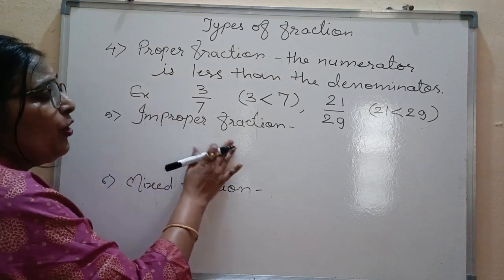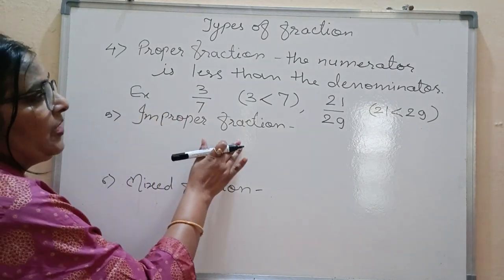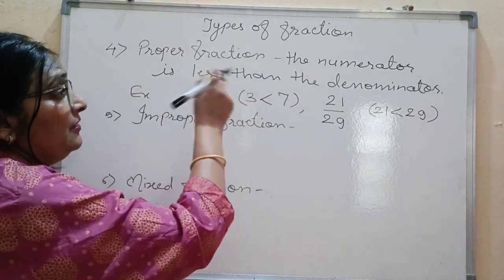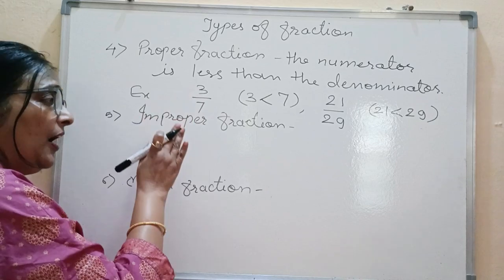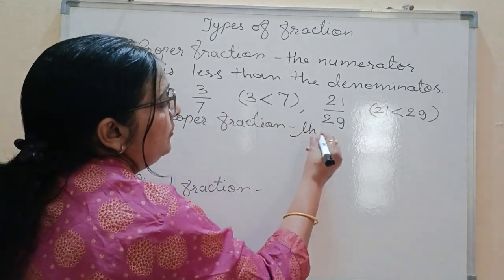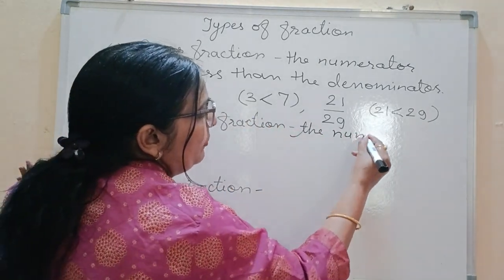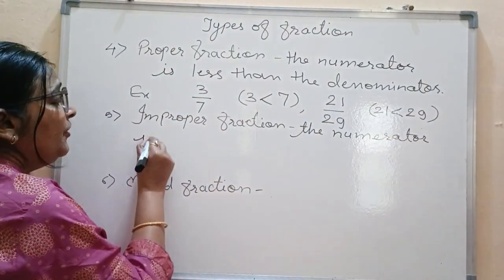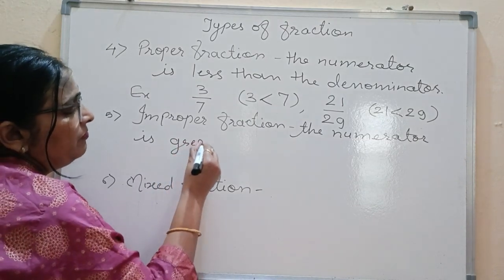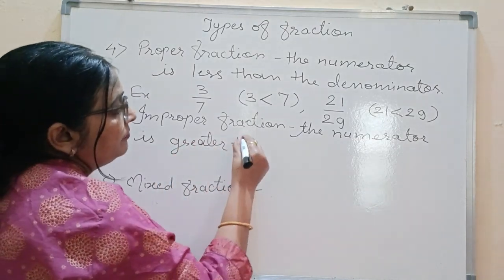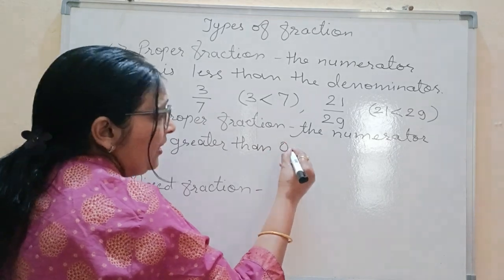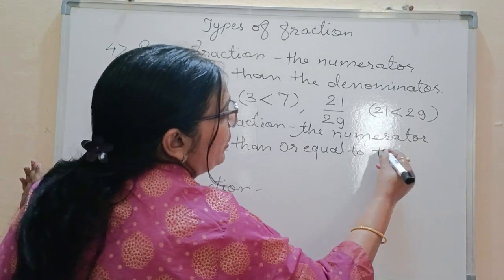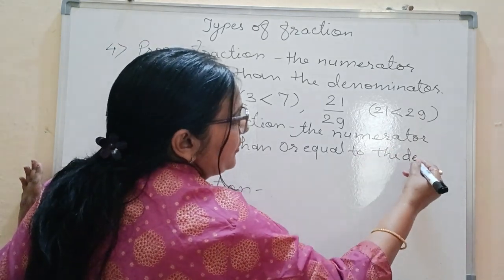Now next, improper fraction. An improper fraction is the opposite of a proper fraction. Here the numerator is less than the denominator, and there the numerator is greater than or equal to the denominator.